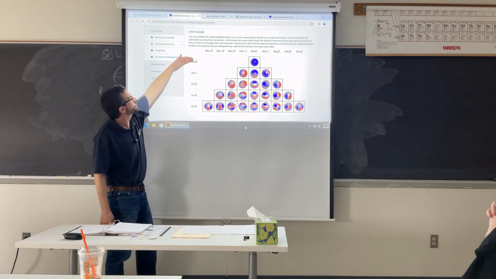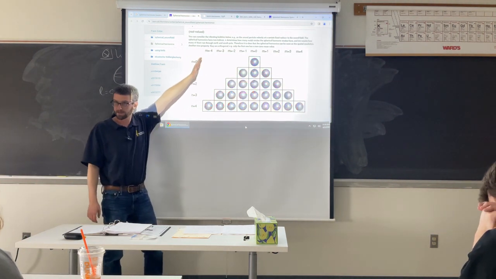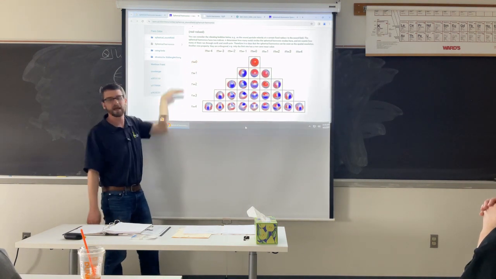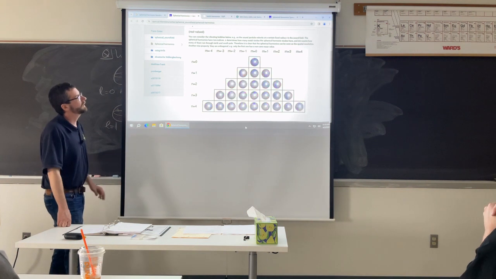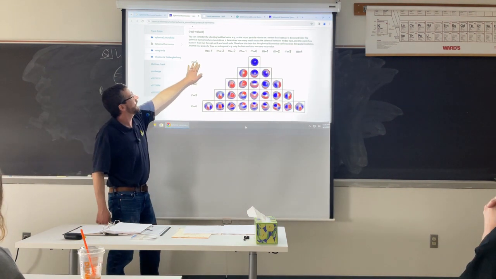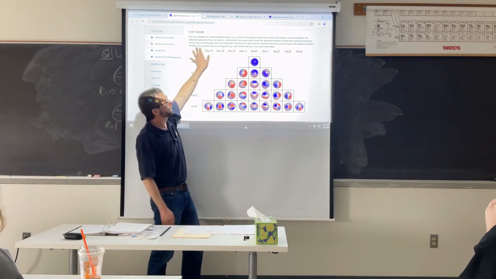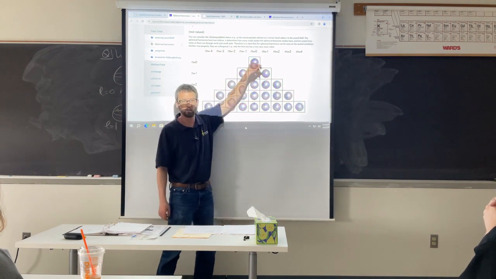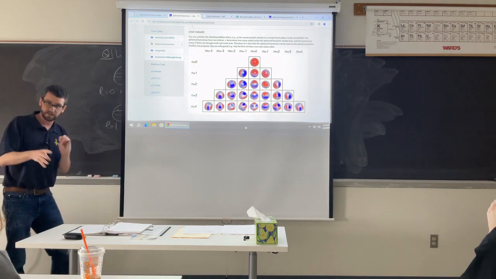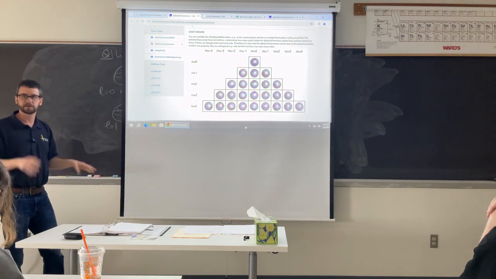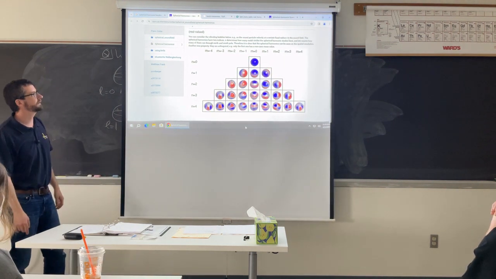So you can keep track of what they're calling M is the M sub L value. What they're calling N here is actually our L values. So if you consider L is equal to 0, ML is equal to 0, it was all the same sign. These things can switch phases, whether it be positive or negative, or how you define positive or negative.